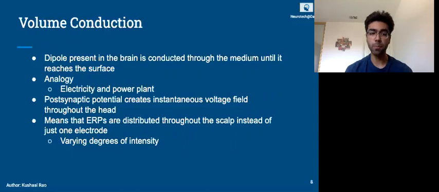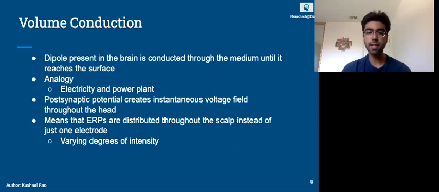In the same way, when a dipole is created in the brain, there's no lag time to wait for the charged particles to move to the surface. There's an instantaneous voltage that is created and then propagated from the site of where it's generated, which we call the generator, to the scalp where the electrode is actually picking up those signals.